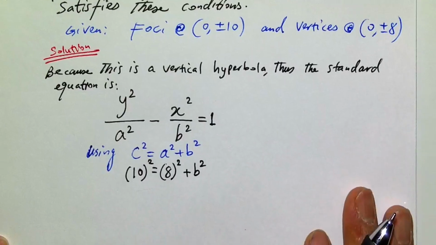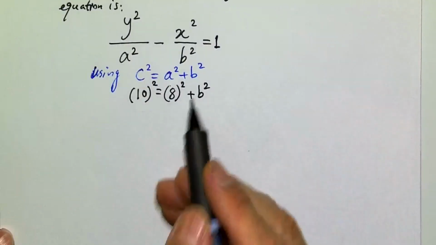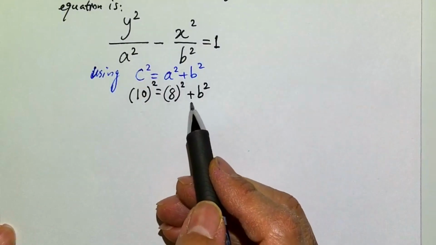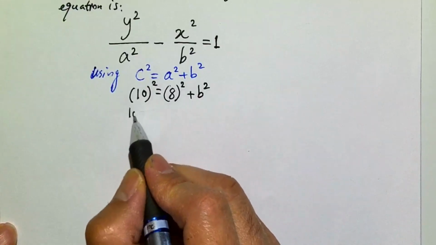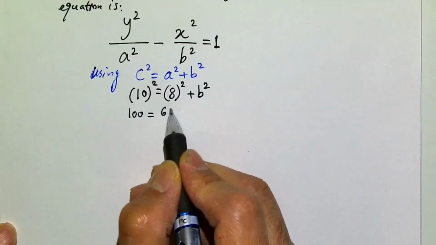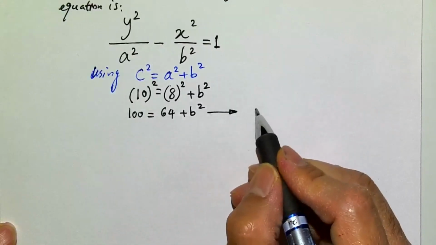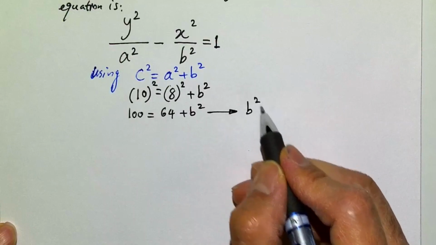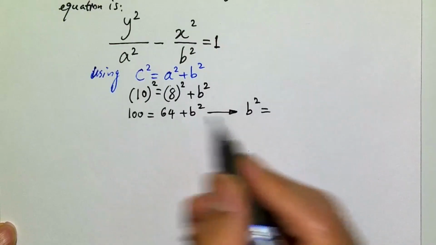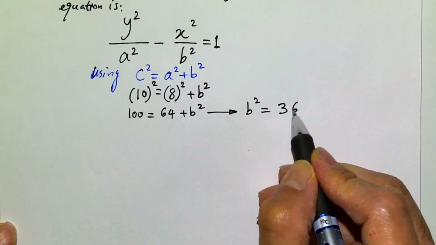So this is just now a matter of solving for b squared using algebra. So we have 100 equals 64 plus b squared. Therefore, b squared is equal to 100 minus 64, or 36.